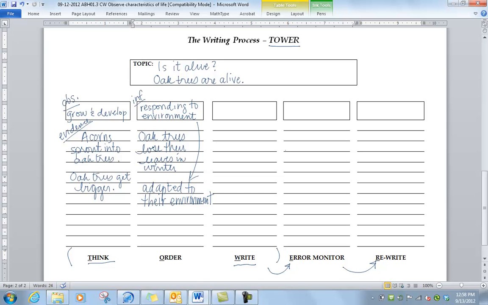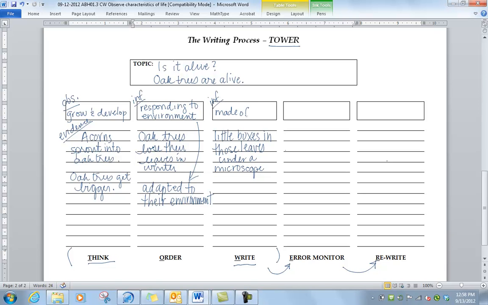Another piece of evidence that I've seen is I've examined leaves, like oak trees, under a microscope, and I've seen little boxes in those leaves when I examine them under a microscope. And so I'm inferring that those little boxes are actually cells.